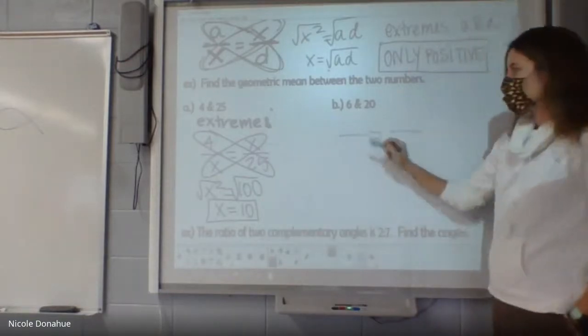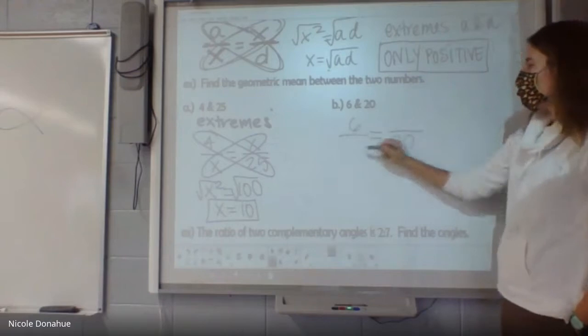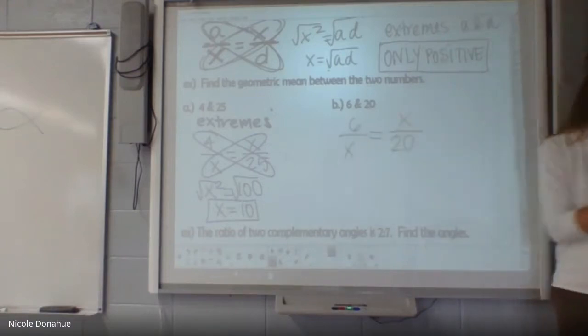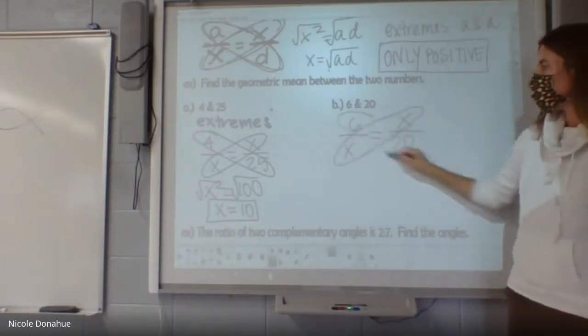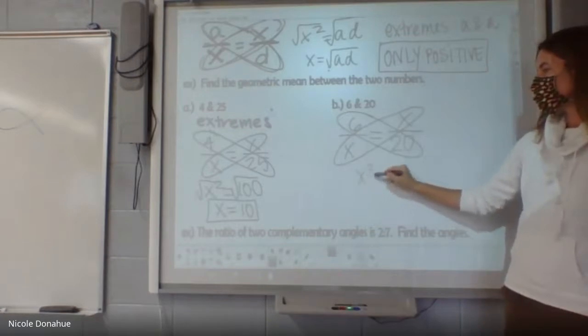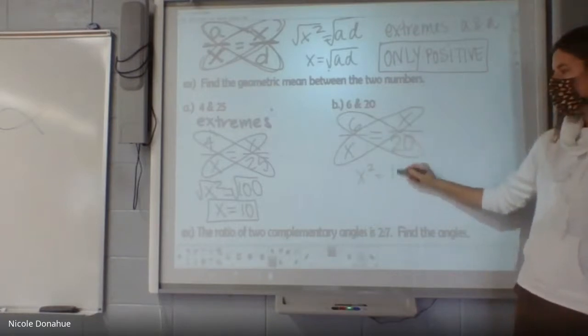You put those extremes across from each other, and then the X's go the other diagonal. Six times 20 is going to be 120.